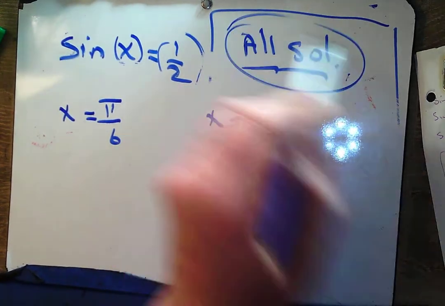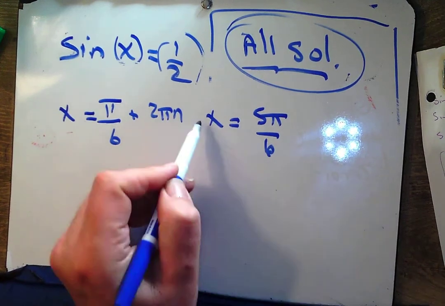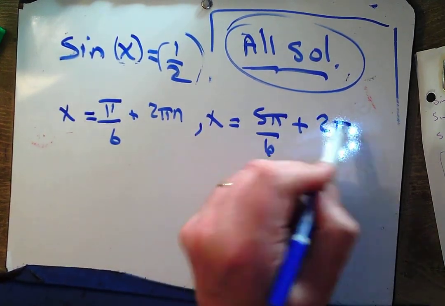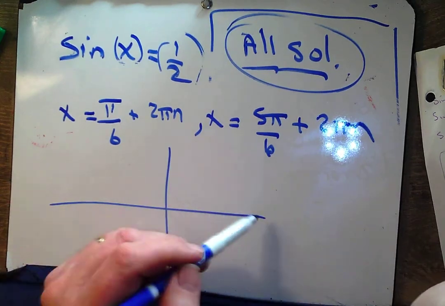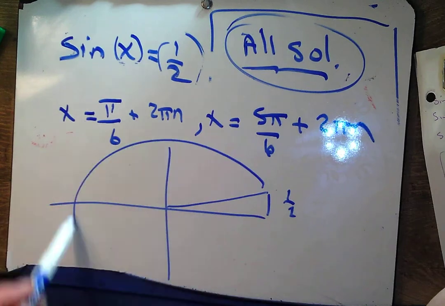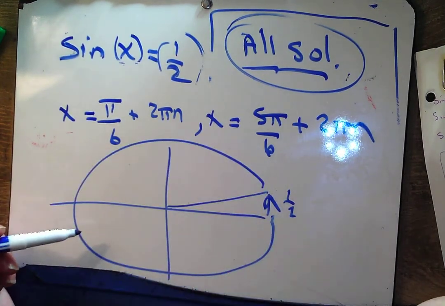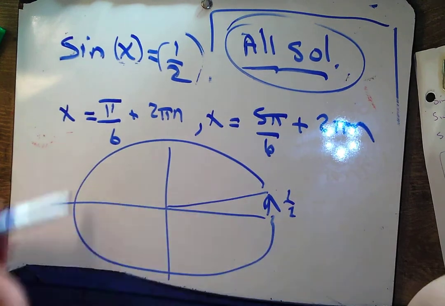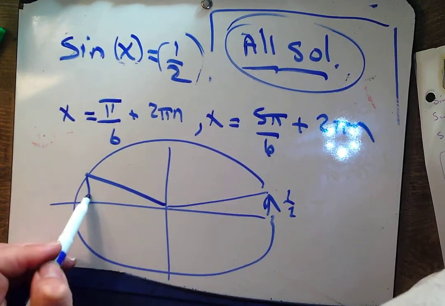And if we were looking for all solutions, we'd say, all right, well, slap a plus 2 pi n on that, and that'll be good to go, because this one, 1/2, is going to occur every time I go around another 2 pi. In fact, I could even go backwards 2 pi. And so that's great. And we've got this other opportunity here.